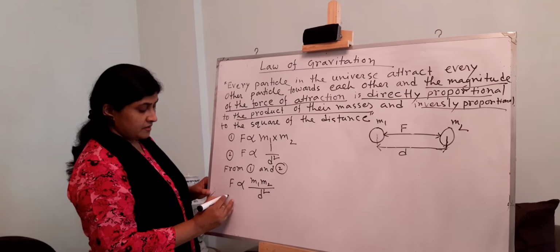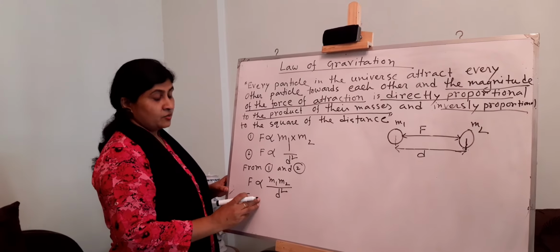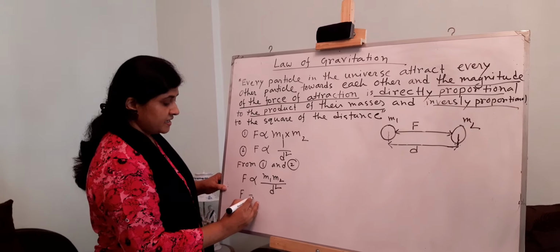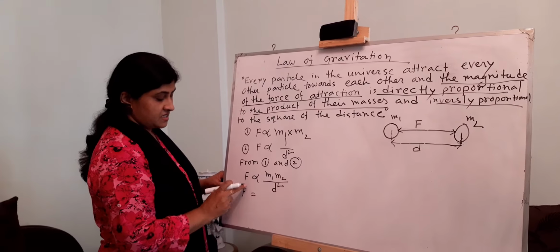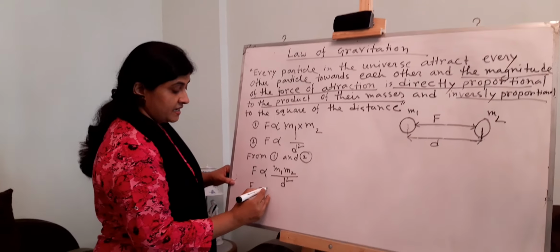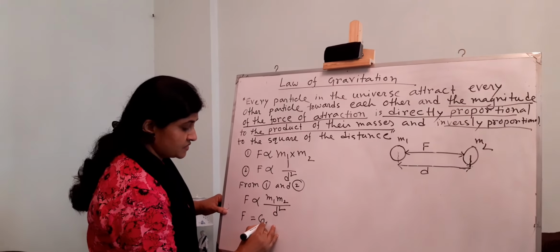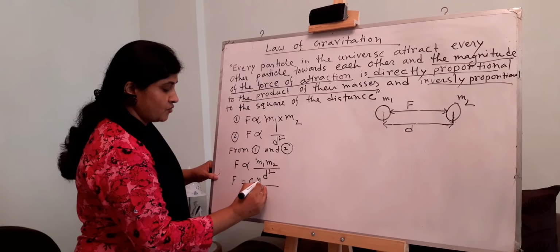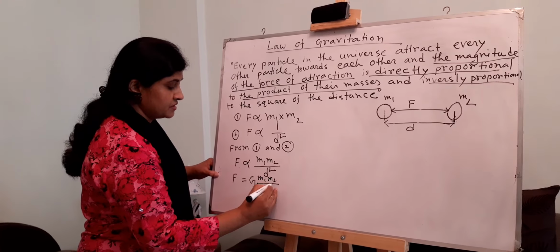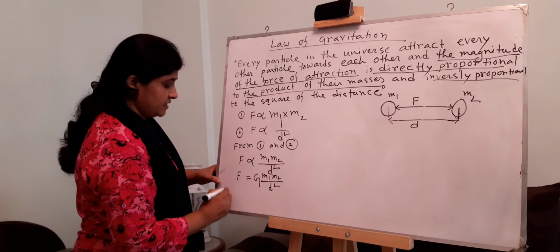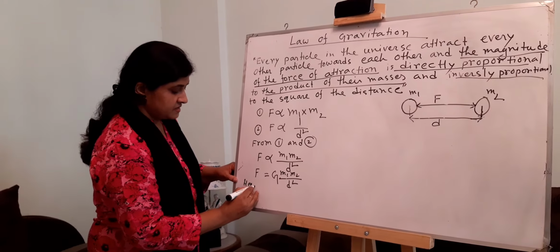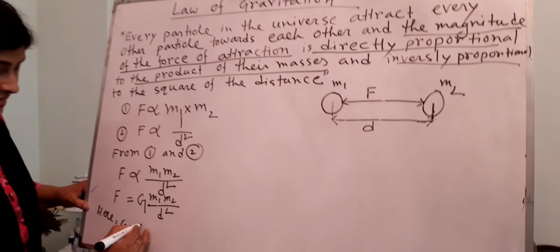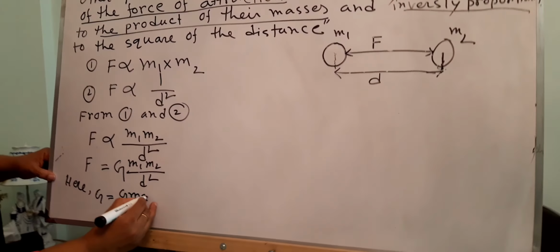So when we omit the proportional sign, we have to give the proportionality constant. I give here an equal sign and the proportionality constant, and it is capital G. So F equals G m1 m2 divided by d square. Here G is the gravitational constant, capital G, gravitational constant.